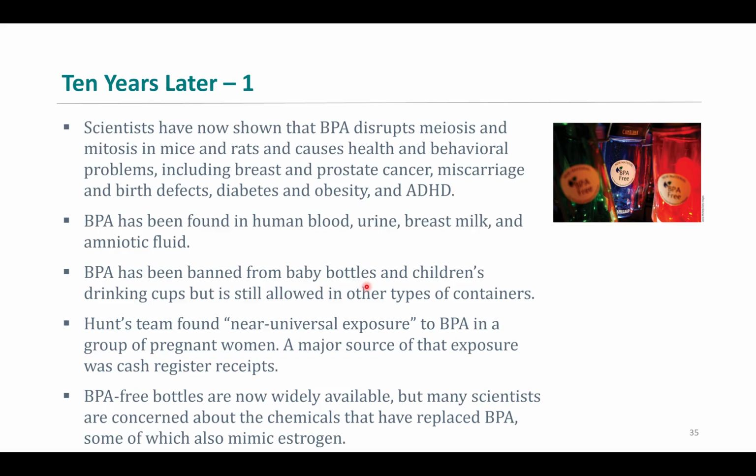BPA has been found in human blood, urine, breast milk, and amniotic fluid, so it can get into our body. BPA is banned from baby bottles and children's drinking cups, but still allowed in other types of containers.